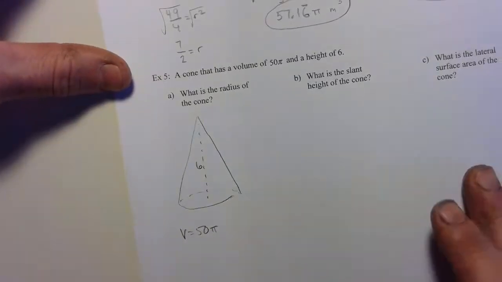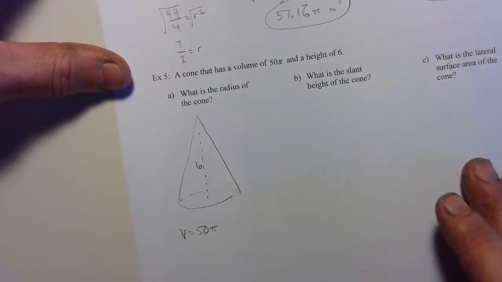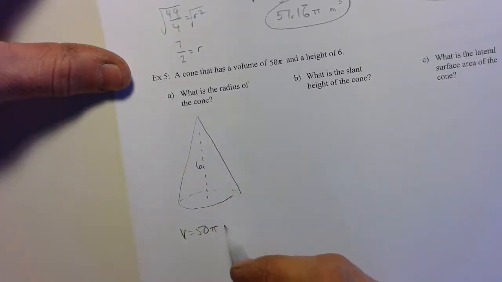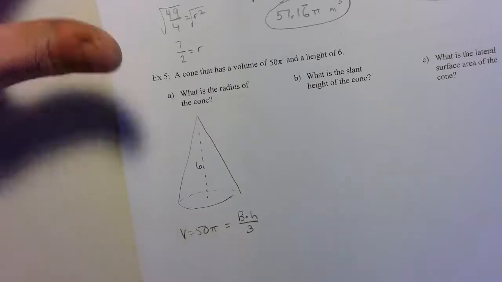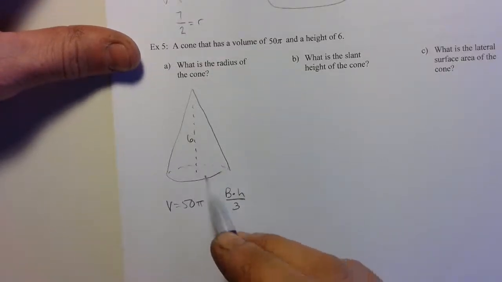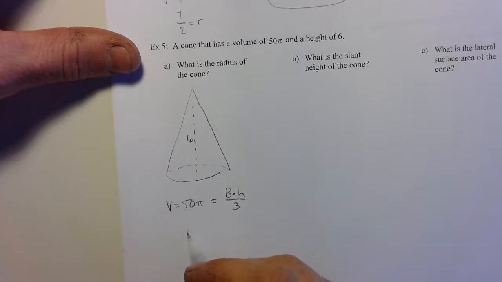So it says, what's the radius? Well, volume of a cone is area of the base times height divided by 3. I know what the height is, so I can plug that in as well. So I can have 50 pi equals area of the base times 6 divided by 3.